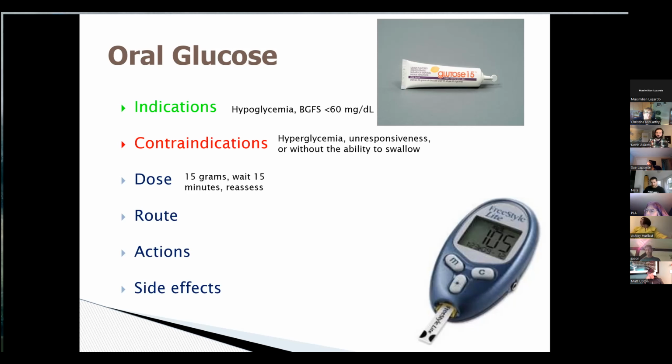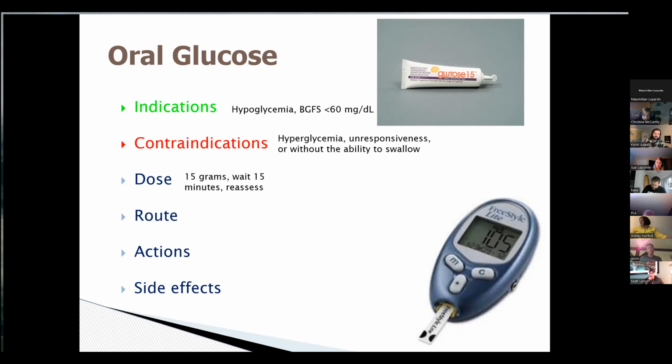Now, this is another part where this can get confusing. When we assess for the first time on that blood sugar, if it's below 60, we give them medication. But on our reassessment, if it hasn't come up to above 80 after 15 minutes and 15 grams, we can consider giving another half tube to another full tube. But that's only if it hasn't broken 80 after reassessment.